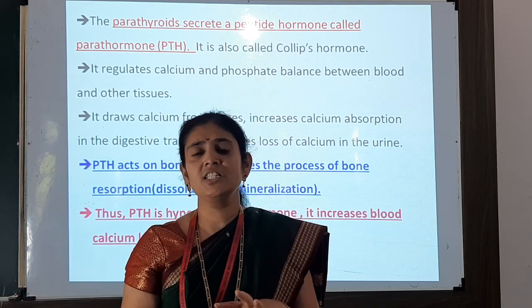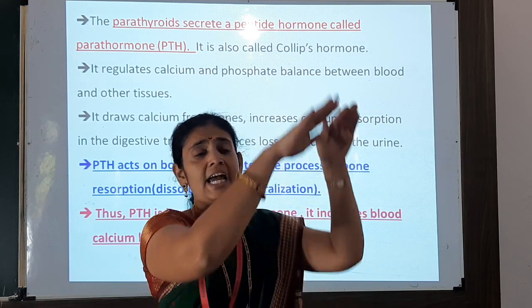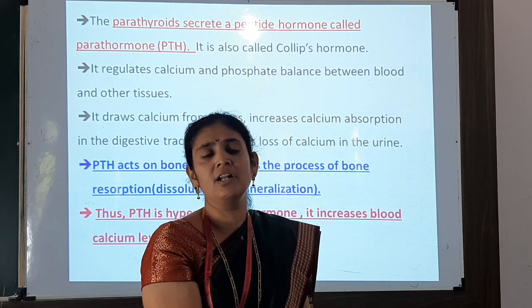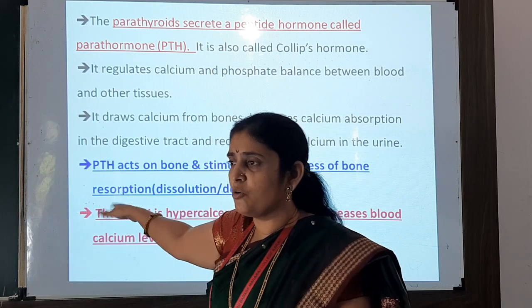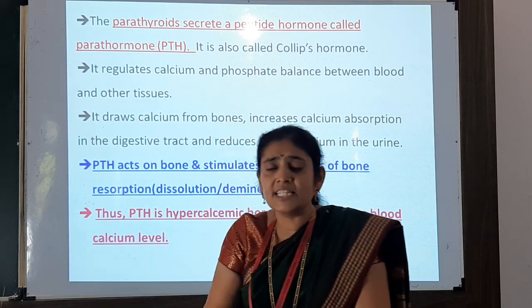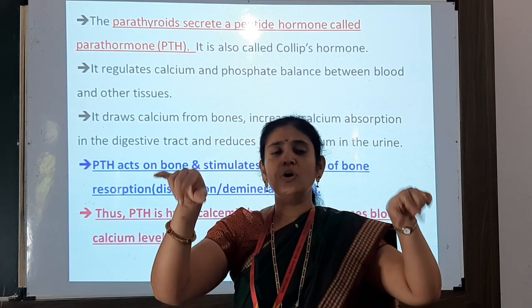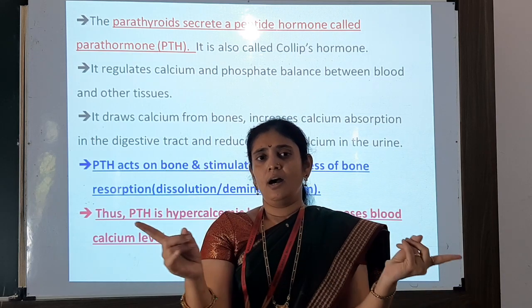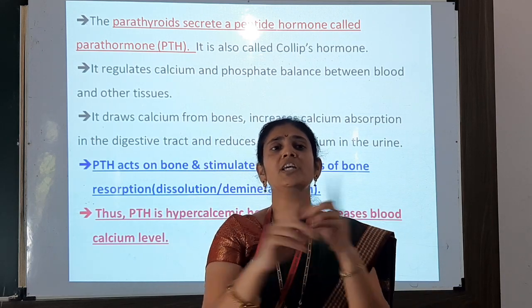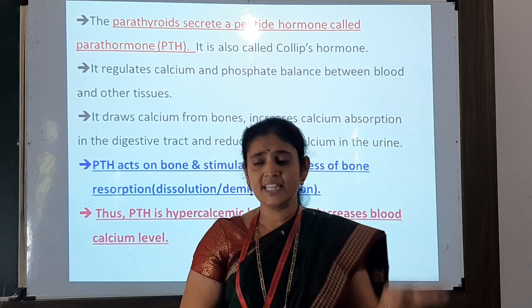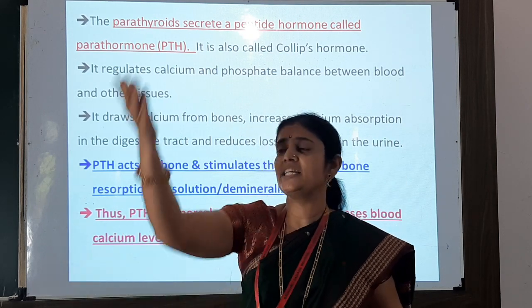Thyrocalcitonin, we have just seen, decreases calcium level in the blood, while this parathormone or parathyroid hormone is increasing calcium level in blood. Both these hormones act opposite to each other. One is decreasing calcium level and the other is increasing calcium level.